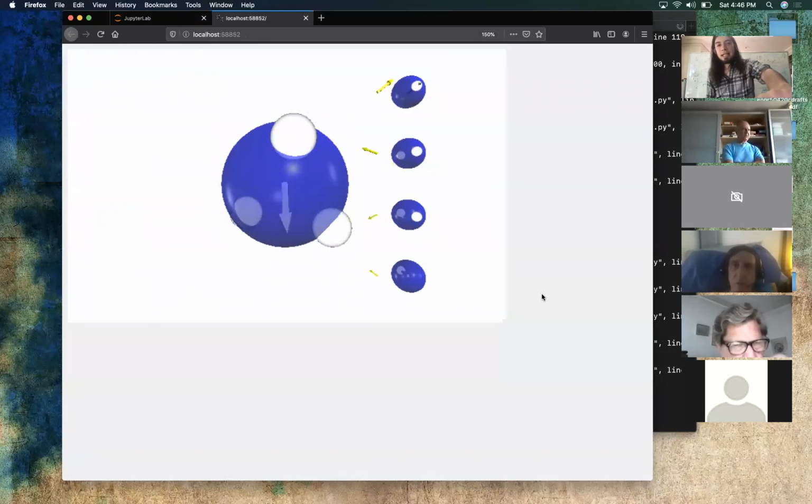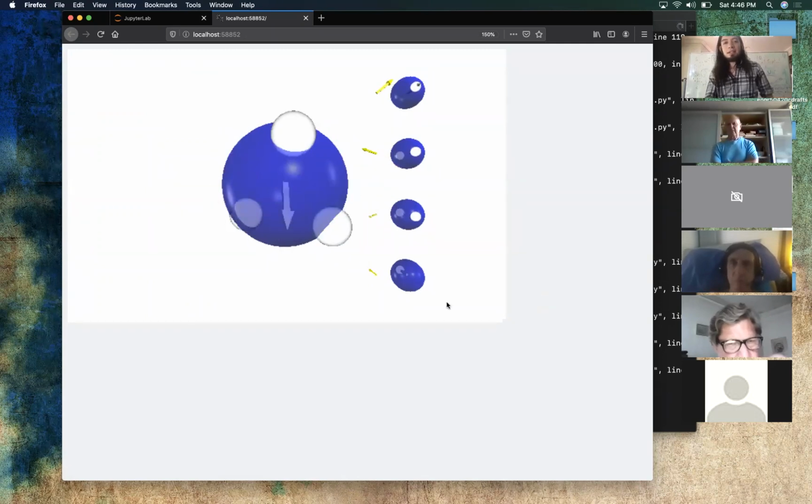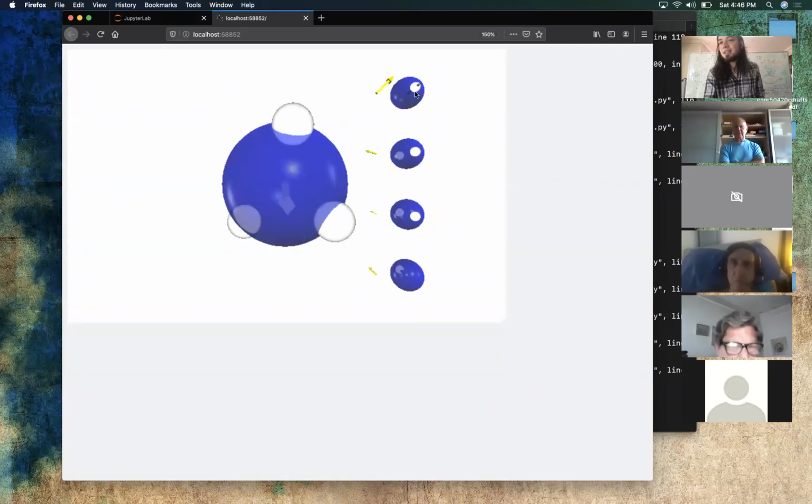So at each moment in time, this constellation here is a linear superposition of these 4 eigenstates. In this case, it's the eigenstates in the z direction. So these yellow arrows are just the components of the vector.